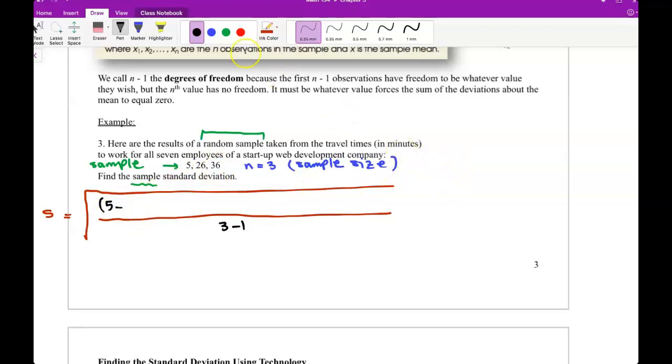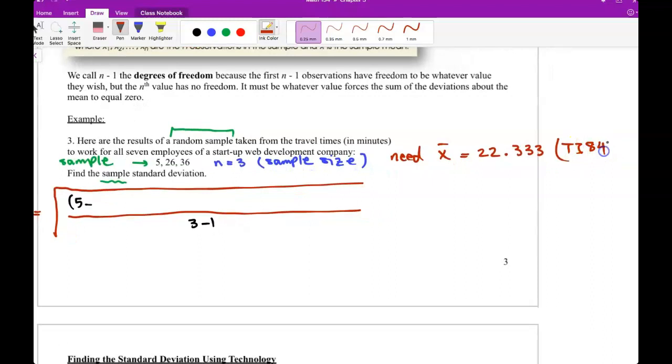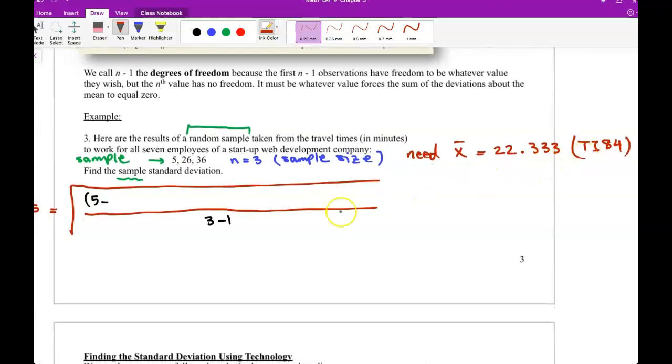Okay, first we need to know what mean is. Need X bar. Using calculator, we got 22.333. This is using TI-84. So exactly the same steps as that.